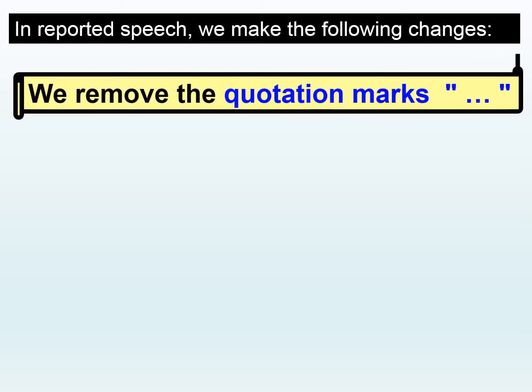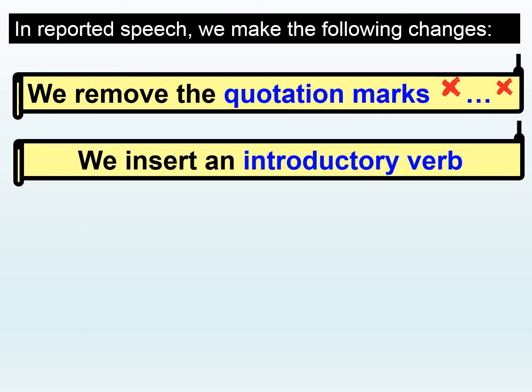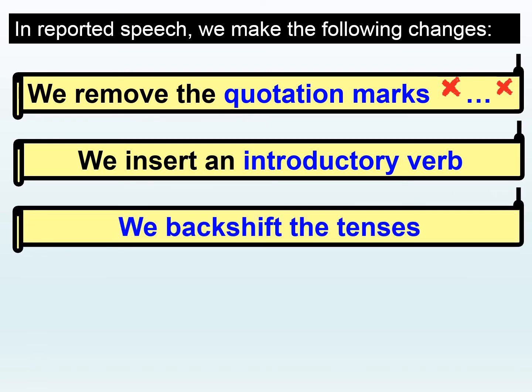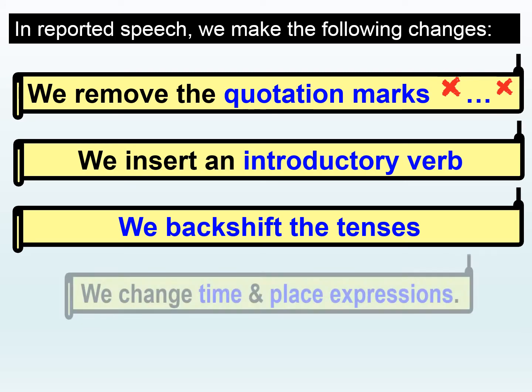And we said that in reported speech we make the following changes. We remove the quotation marks. We insert an introductory verb, and that's what we're going to talk about today. We backshift the tenses: the present becomes past, the past becomes past perfect, and the past perfect does not change.